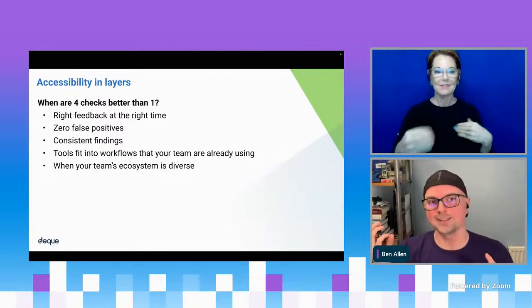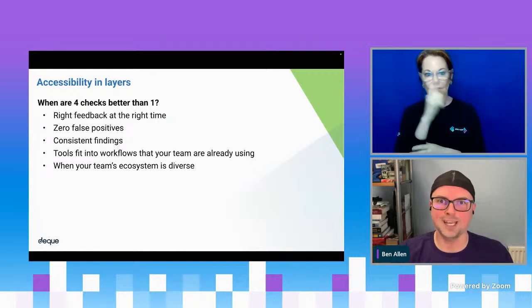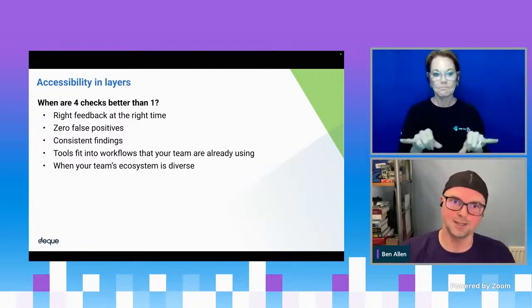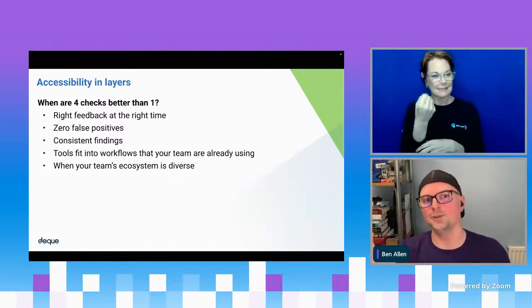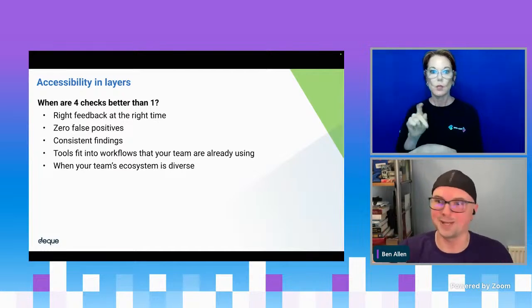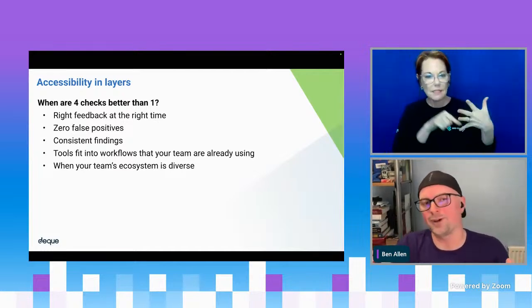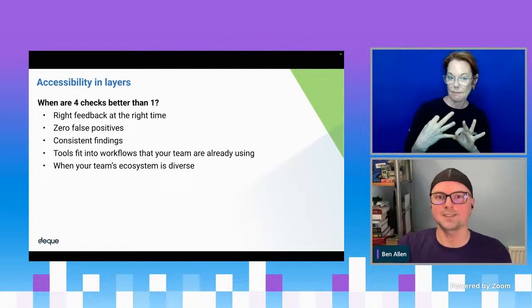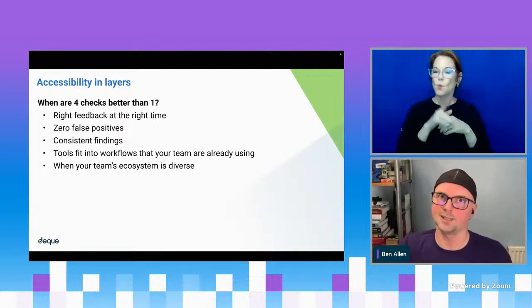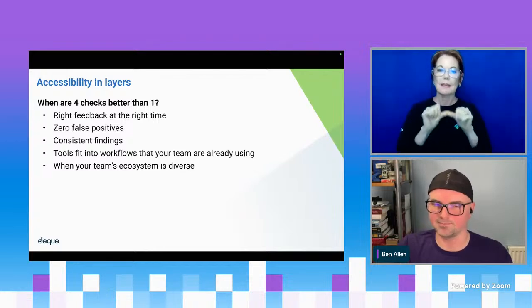The feedback is consistent throughout the tool chain, and it's presented in a way which makes sense for the tool that you're using. If you're not using Deque tools, these points might be worth considering as you're assessing your own tool chain, right? Am I getting the right feedback at the right time? Providing this kind of value throughout the tool chain means you greatly increase your chances of maintaining quality.